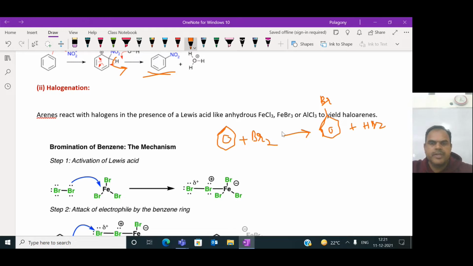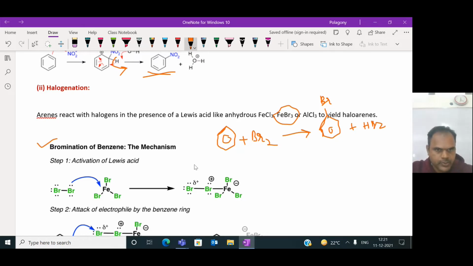So this is what we call bromination, the bromination of benzene. This reaction takes place in the presence of ferric bromide.